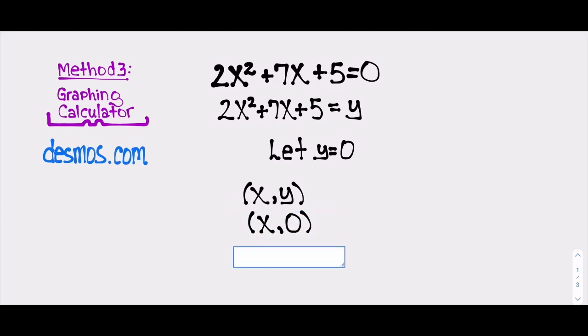All points on a graph that are in the form x, comma, 0. Let's just think of a few. 4, comma, 0, 5, comma, 0, 6, comma, 0. All of those points are located on the x-axis. So we are really going to be looking for the x-intercepts.